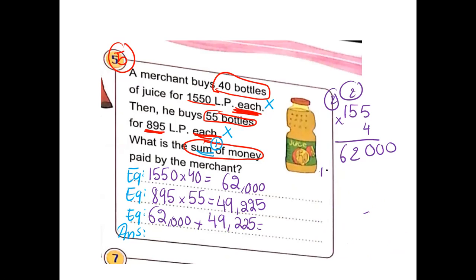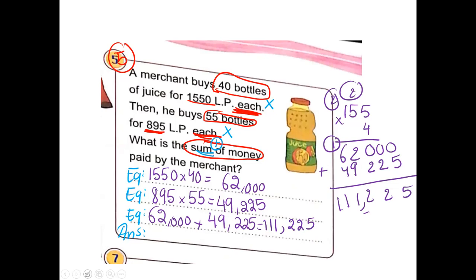This one, by the one that's written down, starting from the right side, arrange them. 9, 4. 0 plus 5, 5, 2, 2. 9 plus 2, 11. 7 plus 4, 11. So the answer is 111,225.